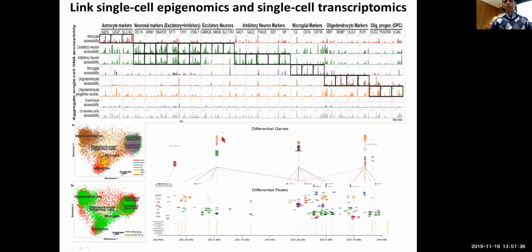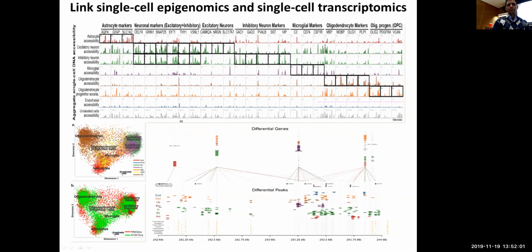DNA accessibility is down here, RNA expression is down there. For every target gene, you can basically say, what are all of the non-coding regions that turn on in the same cells that the genes are turning on? And how do you do that? Well, you've only profiled RNA in some cells, and you've only profiled DNA accessibility in other cells. So what you need is a way to align the cells together, okay?